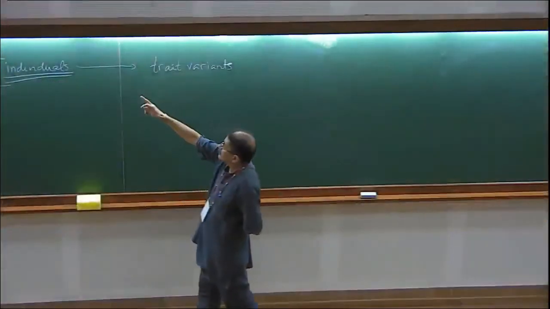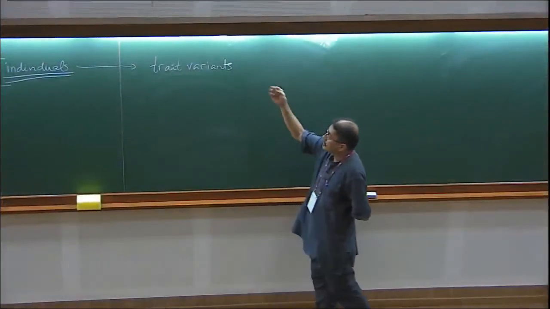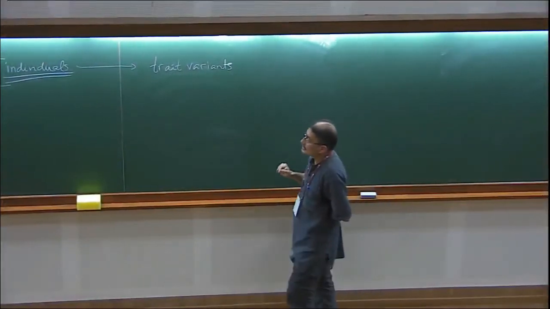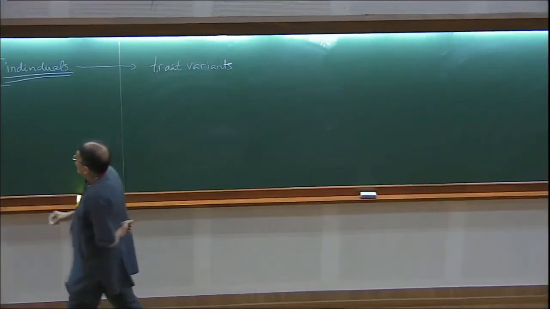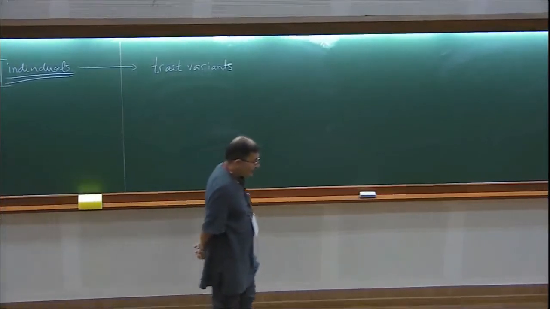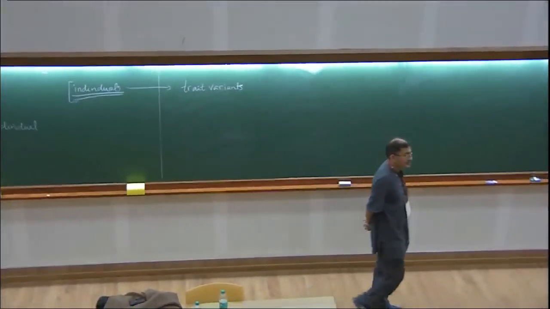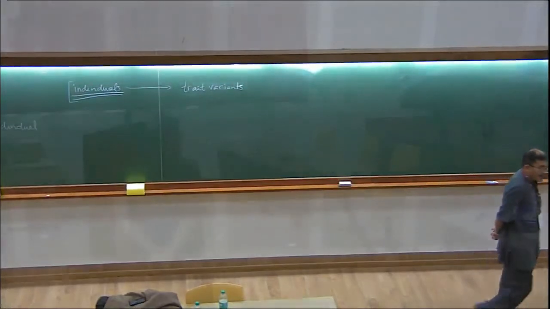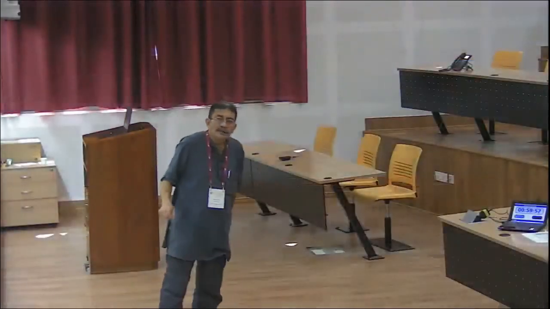So what is novel there is the mechanism of natural selection and this conceptualization of focusing on trait variants rather than whole individuals. And the other one is the concept of heredity. And in order to appreciate how Darwin reconceptualized heredity, we need to go back a little bit and look at what the state of heredity was at that time.